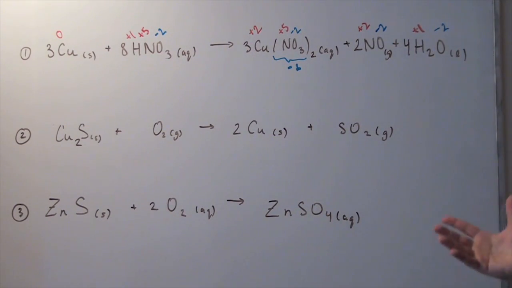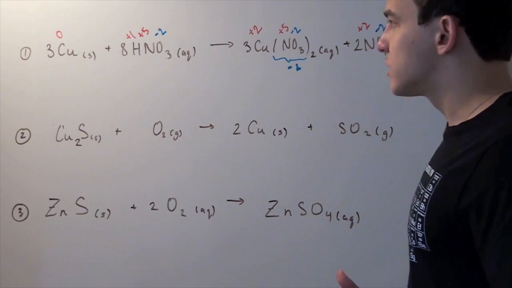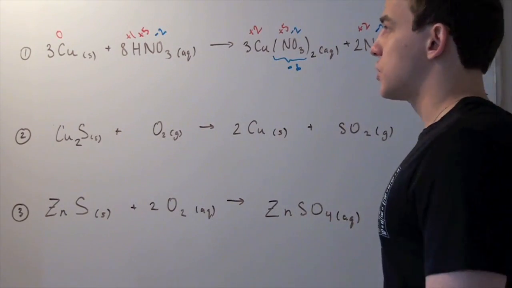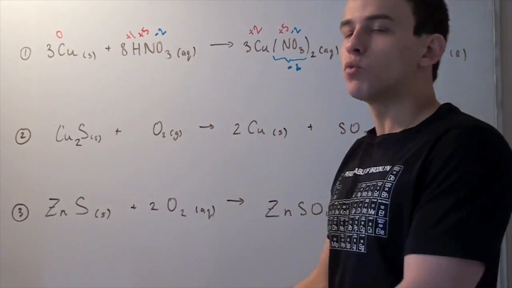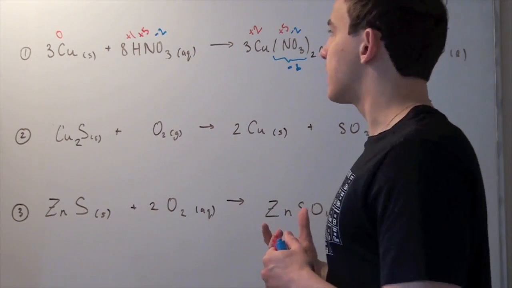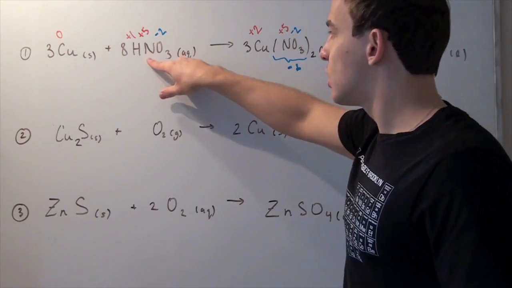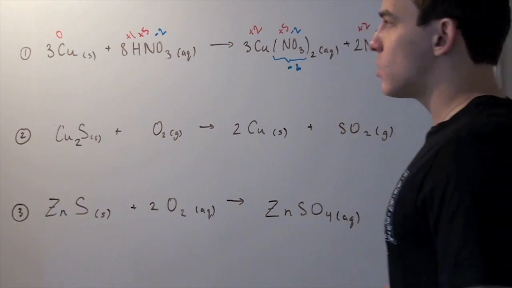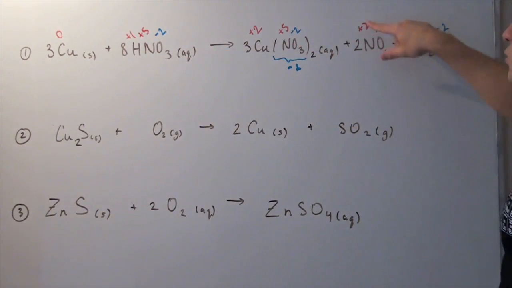So now let's look at what gets oxidized and what gets reduced. So our copper goes from a 0 charge to a +2 charge. And that means copper is oxidized because electrons are removed, and these electrons transfer to some other atom. So let's look at what atom is reduced. Our N goes from a +5 to a +2. That means electrons move from copper to N, creating that +2 charge.